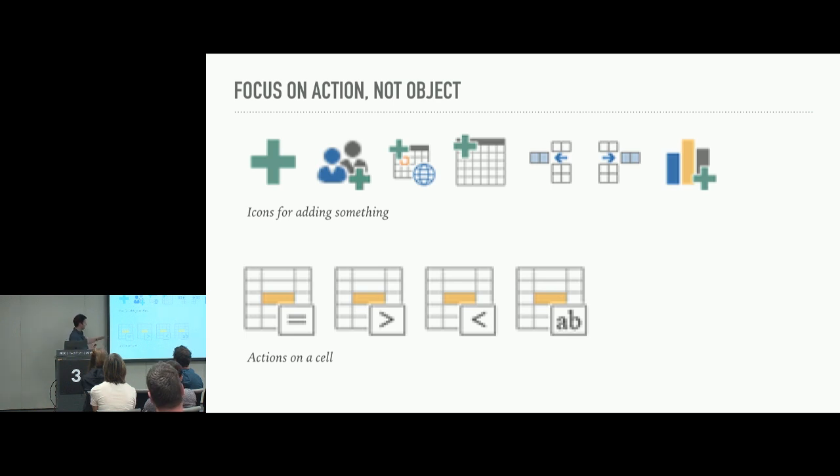So it dominates what you're actually doing something to, the cell, whereas the action is quite small. So the important thing, the action, is actually de-emphasized. Now, part of the reason why they have to do this in Windows is because you have so many icons. You have to have some way of distinguishing them.